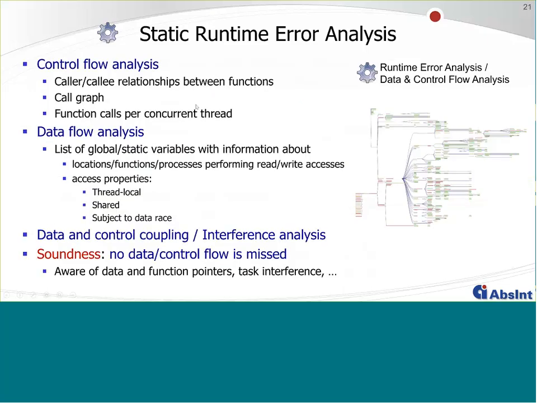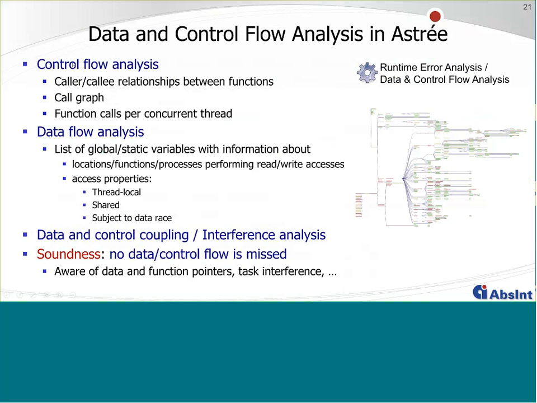Which is this one. So data and control flow analysis basically means, well, control flow analysis shows which functions can call which other functions in the code. A code graph can be provided, and you can link function calls to threads or cores on which they are happening.